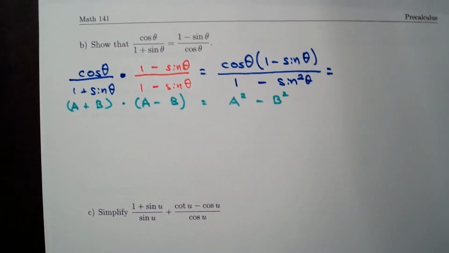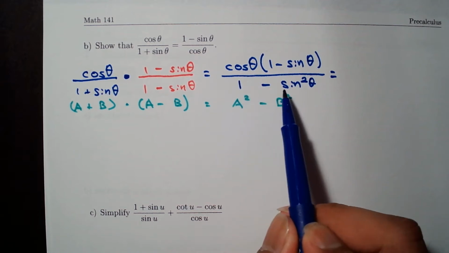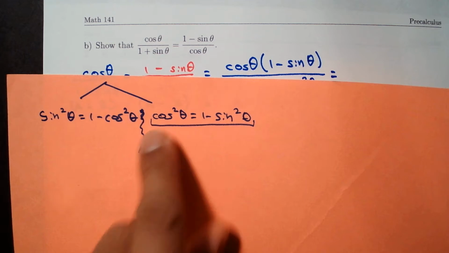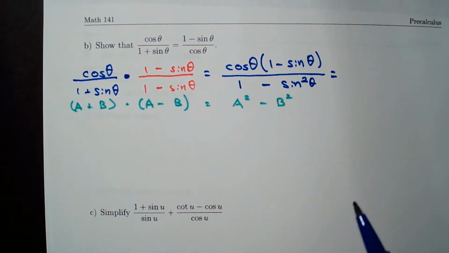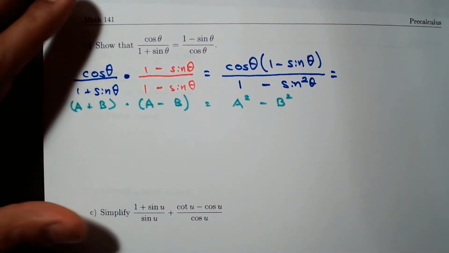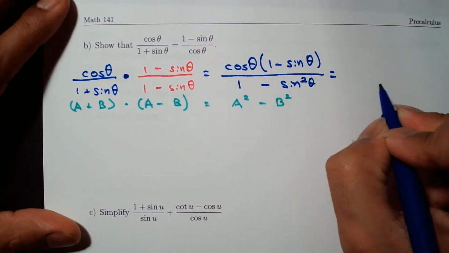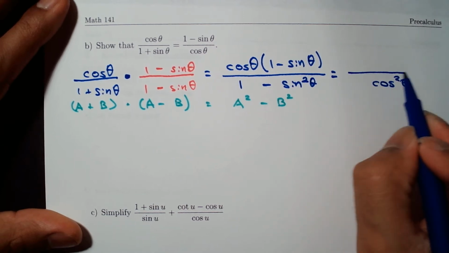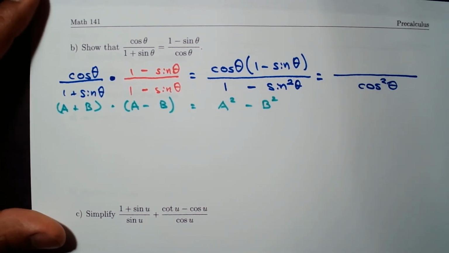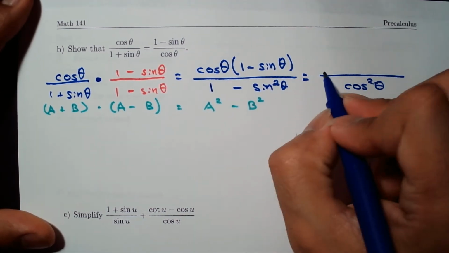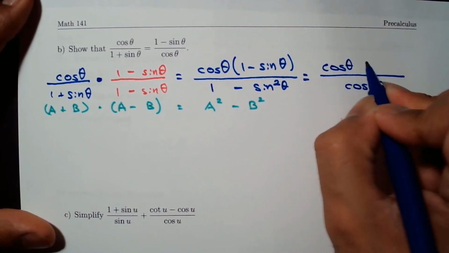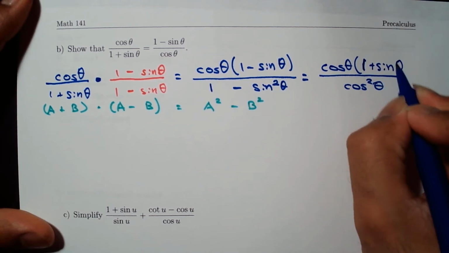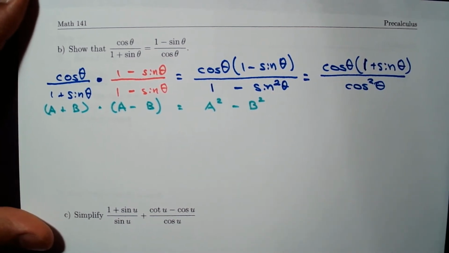For example, in this case, we are at the point in which 1 minus sine squared equals cosine squared. So we are really using one of the Pythagorean identities to keep moving. So this one will be cosine squared theta, and this is going to be cosine theta in the numerator. That remains the same. All right, and look what's going to happen here.